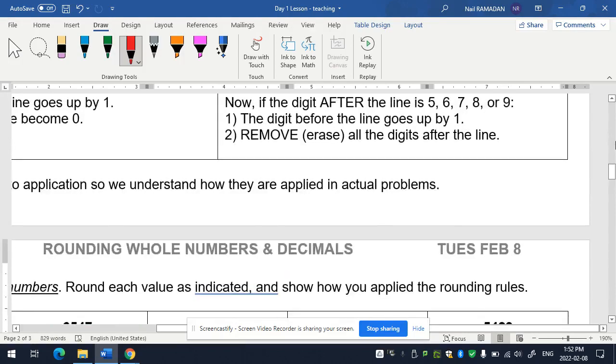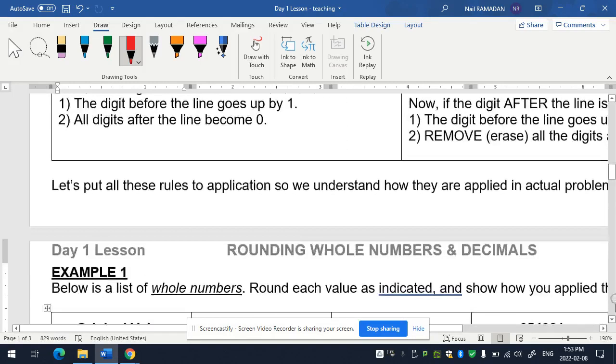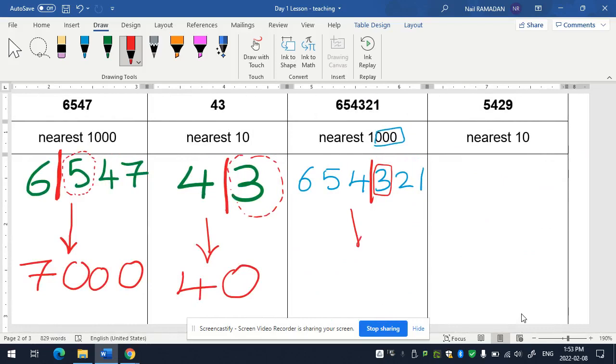Remember, everyone, let me refresh your memory here. 0 and 1 and 2 and 3 and 4, they do not change the digit before the line. Great. Just like you did not change the digit here. Nice. So the number becomes 6, 5. This stays as 4. And all of these things become 0, 0, 0, 0.